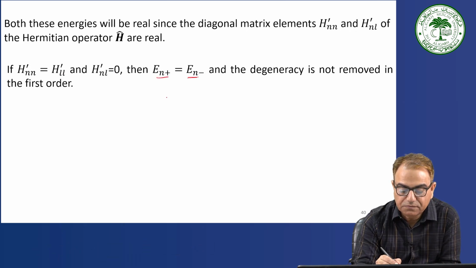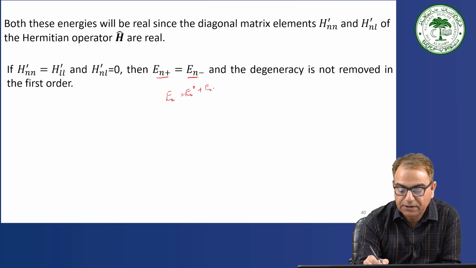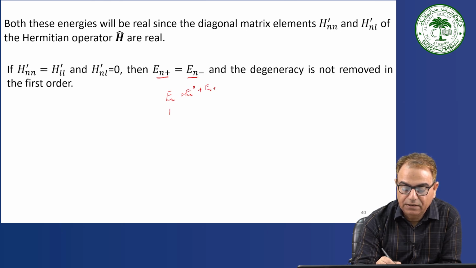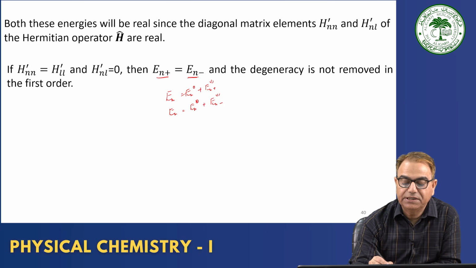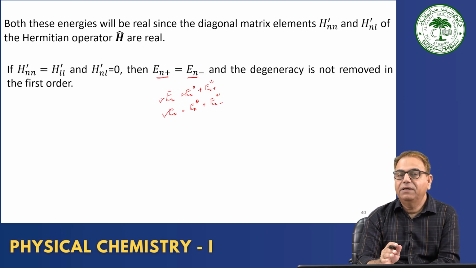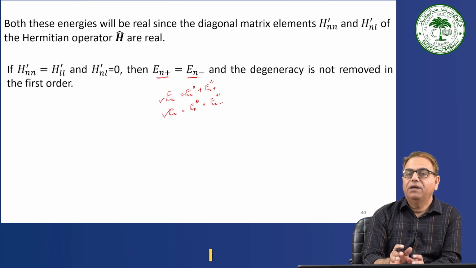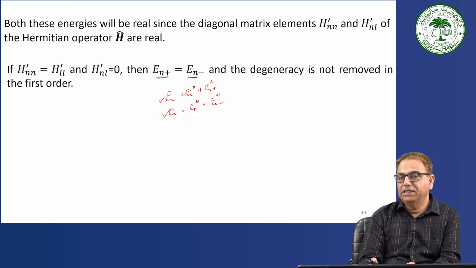What does it mean? It means that the En value, which is the sum of En naught plus En plus, and En naught plus En minus, the first order perturbation, are the same because it is a degenerate system, and the correction also is the same. So the energy of the perturbed system will also have a degenerate energy level.